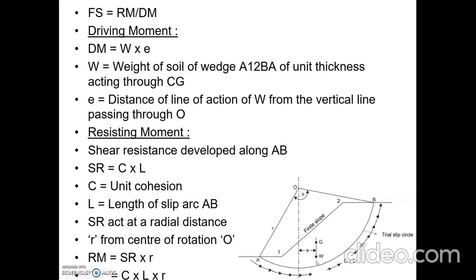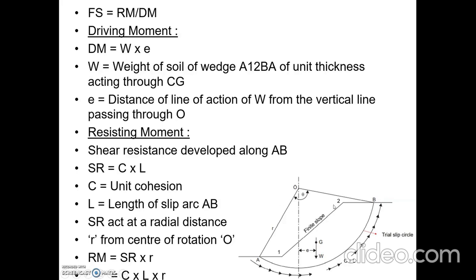W is the force which is acting downwards, and it is acting at a distance E from the center O. So the moment which is causing the rotation of this soil mass is W into E. So we write driving moment. That means the moment which is causing the failure is W, that is force, into E, that is distance.